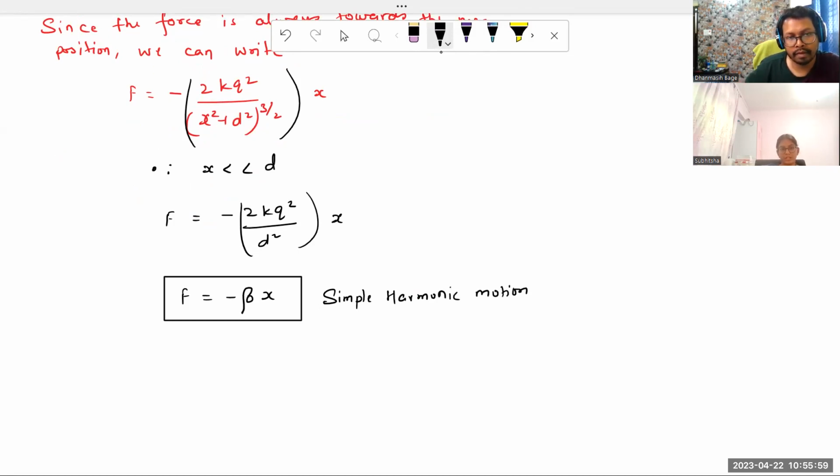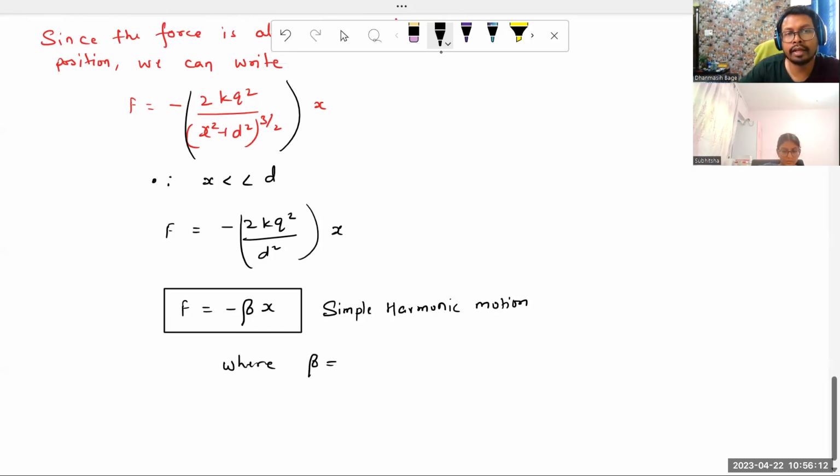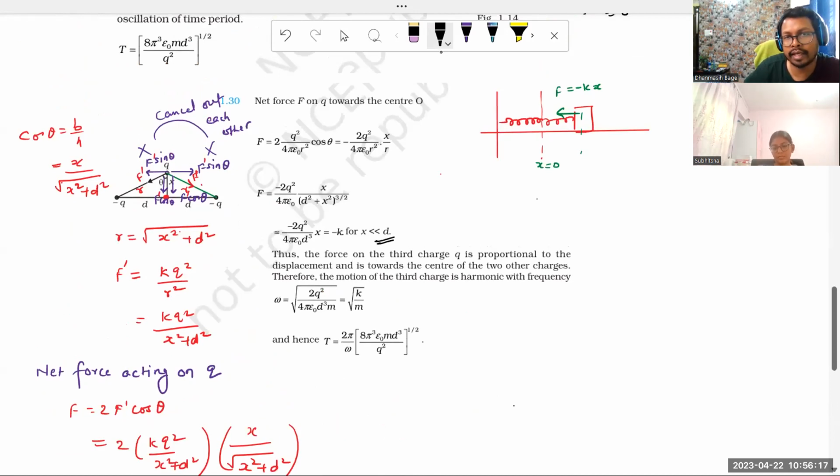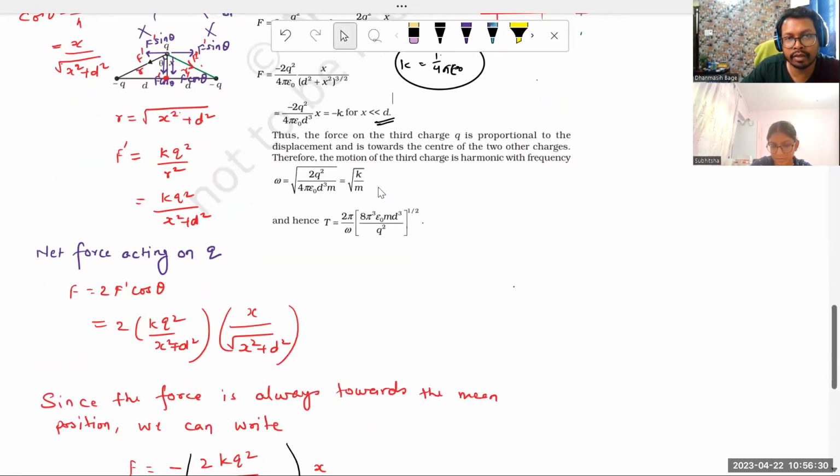Where beta is equal to, just see this thing. Here you get confused because they are directly using the k symbol as 1 by 4 pi epsilon naught, right? Don't do that. That confuses you a lot. I don't need to do that, I'll do it later. That's why things become very complicated here.